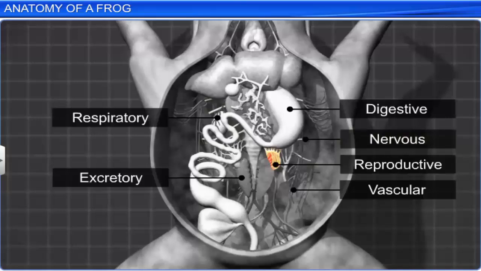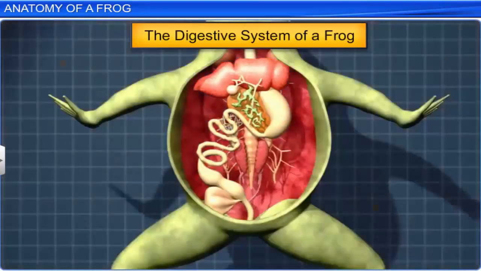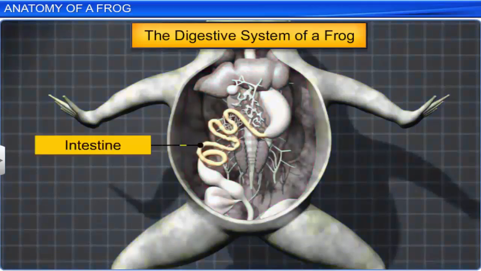Let's take a look at each system in detail. The digestive system consists of an alimentary canal and digestive glands. Frogs, being carnivores, have a reduced length of intestine. This makes the alimentary canal short.